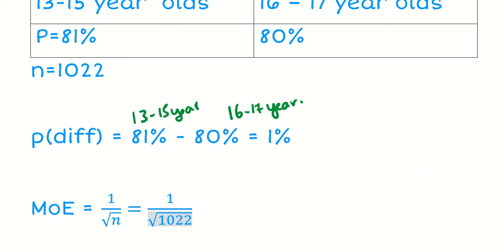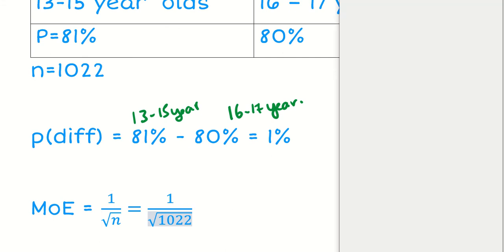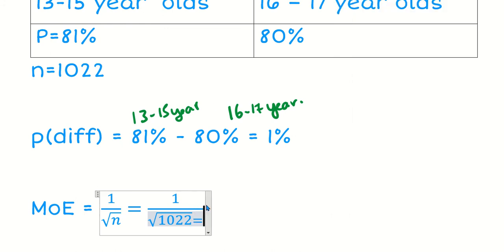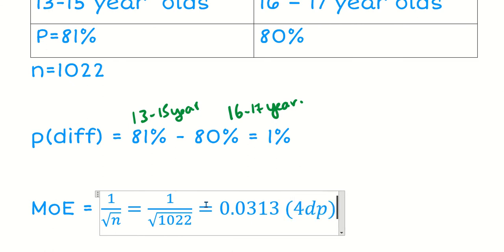So I'm going to get my calculator, and I'm going to say 1 divided by the square root of 1022 gives me 0.0313. I'm going to go 4 decimal places with this. So 0.0313. Okay, so there's my margin of error and my proportion of the difference.